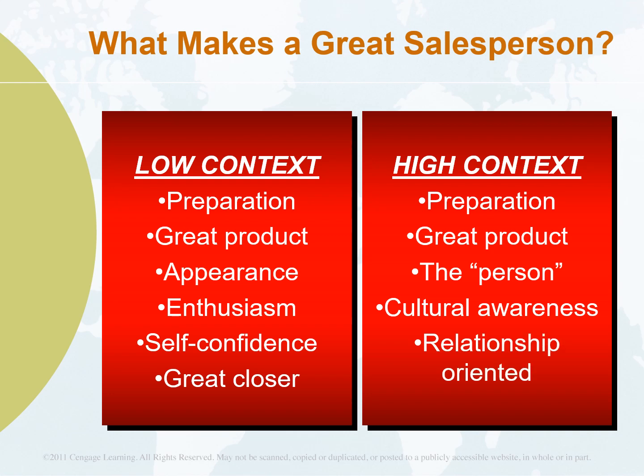And the relationship is important. You're not necessarily a great closer, you just have to have a good attitude towards building the relationship and maintaining the relationship. So making a great salesperson in low context versus high context societies, they're quite different things that you need to pay attention to.